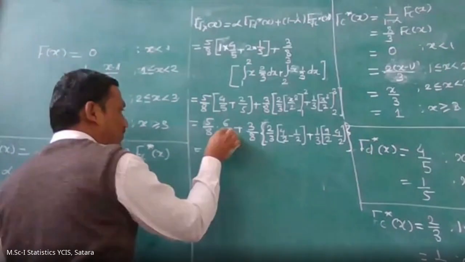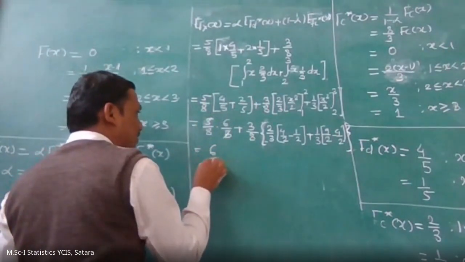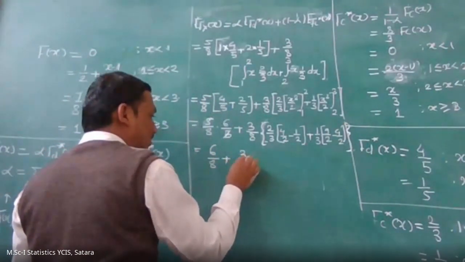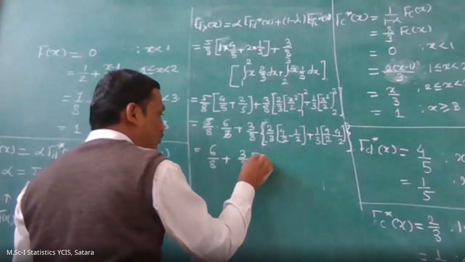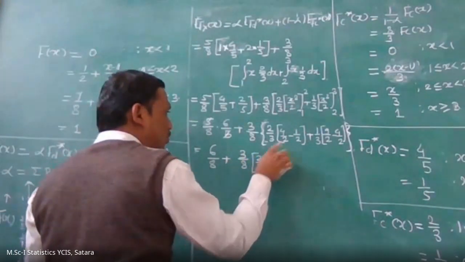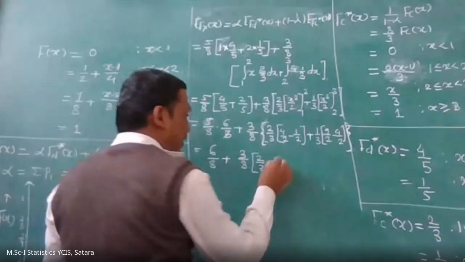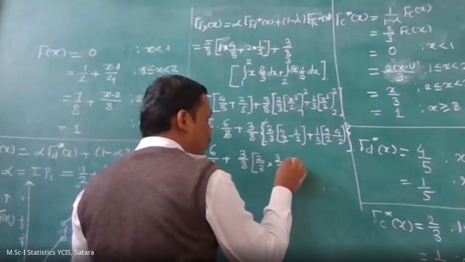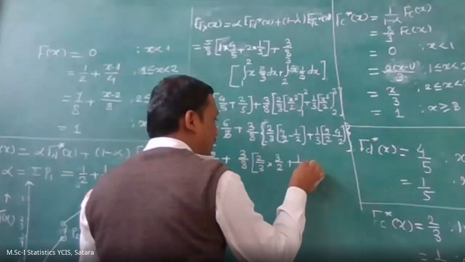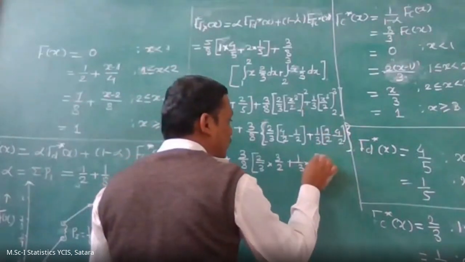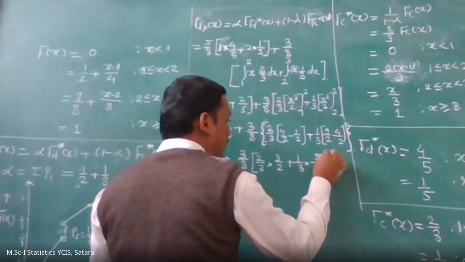So which is equal to, 5 gets cancelled, 6 by 8 plus 3 by 8 into 2 by 3 into (4 minus 1) by 2, that is 3 by 2, plus 1 by 3 into (9 minus 4) by 2, that is 5 by 2.